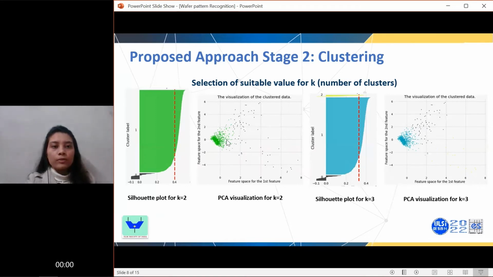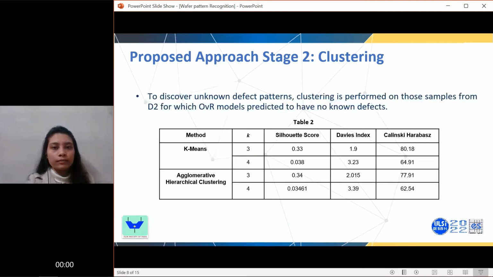So for k equals 2, the points near that area are considered in one cluster, shown in green color, and the rest are assigned to the other cluster, shown in black color. We also confirmed this by random sampling of data points from the clusters to see their visual similarities. So we choose the immediate higher values of k, 3 and 4, for clustering.